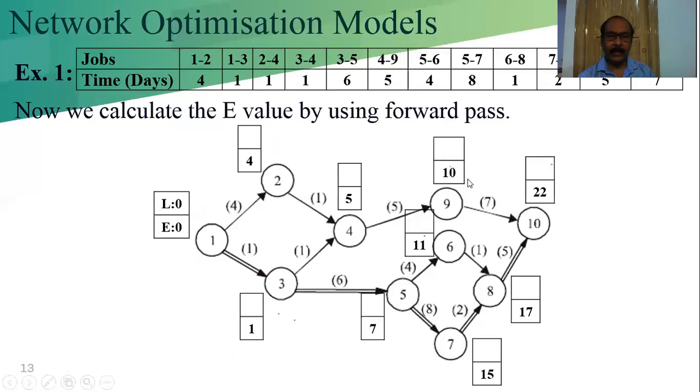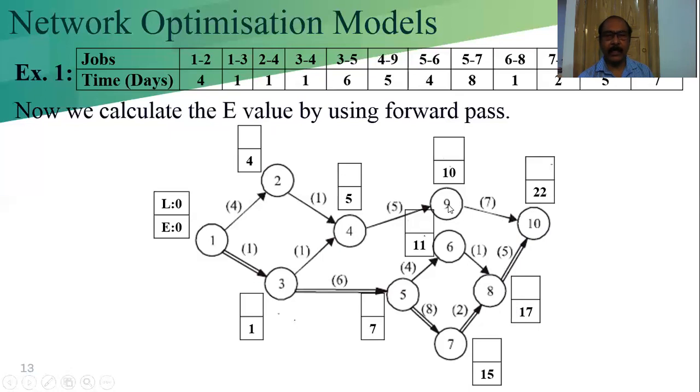Now from here we are entering into the end node 10. The predecessor is 9, and here the predecessor is 8, and 10 is the successor. So we are entering into node 10 by two paths, through two different activities.